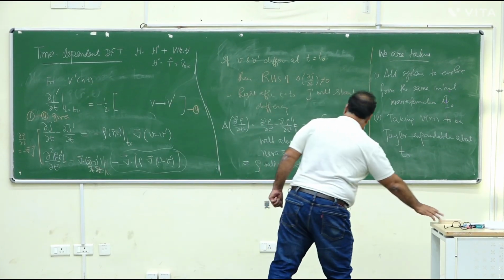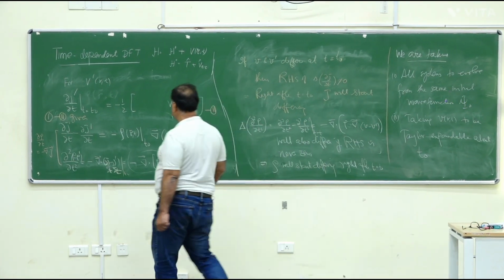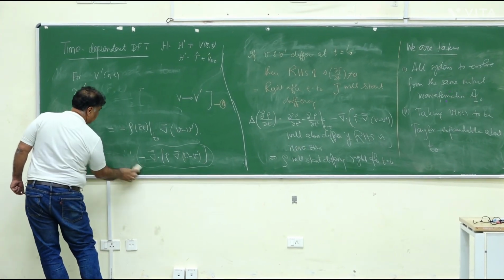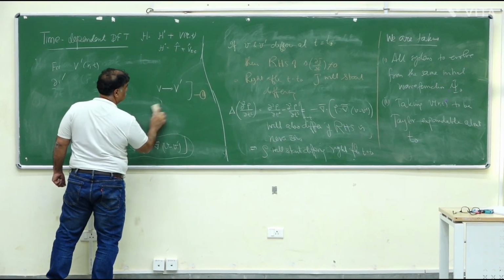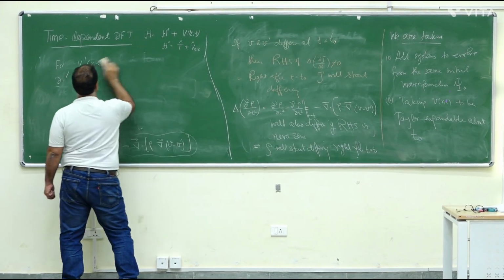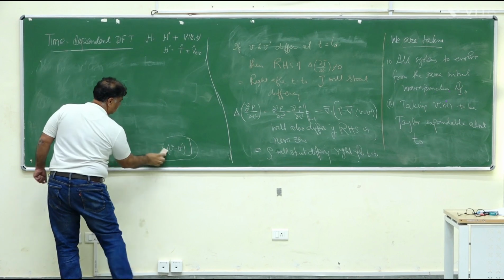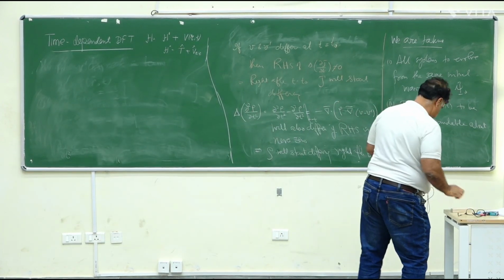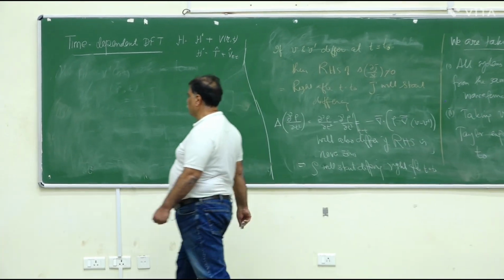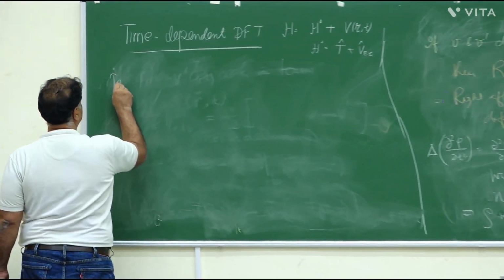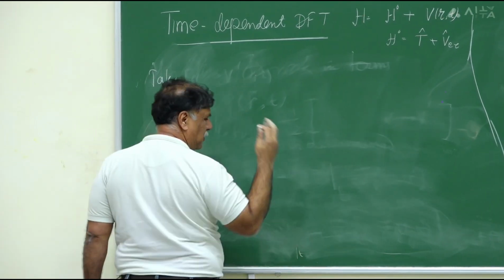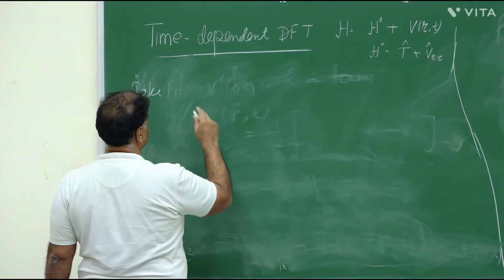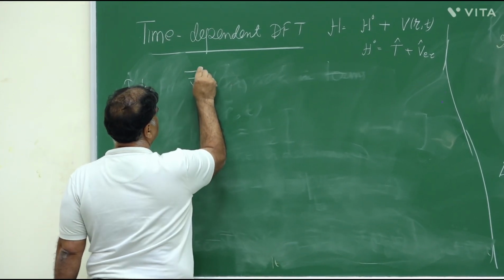Now, I still have to show that this right hand side is not 0. Let us take kind of things which you do when you do electrostatics, particularly Jackson.